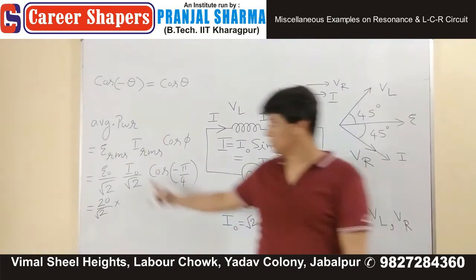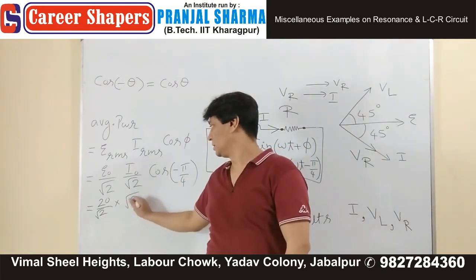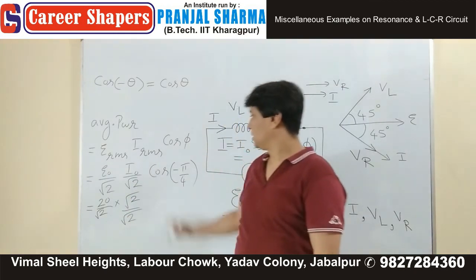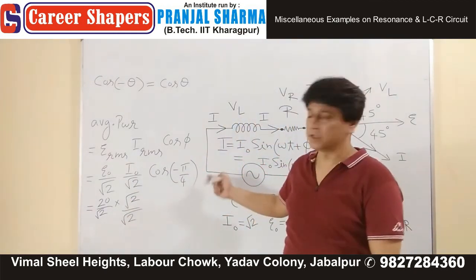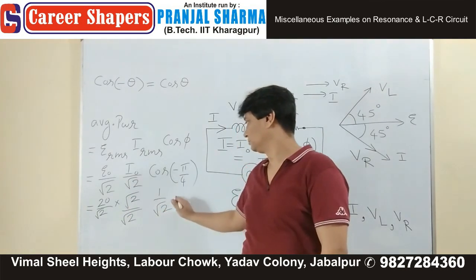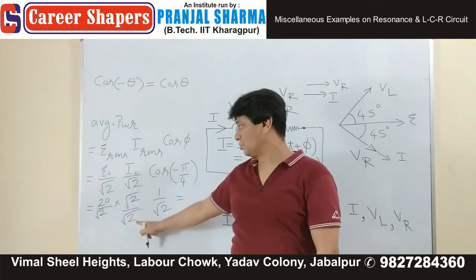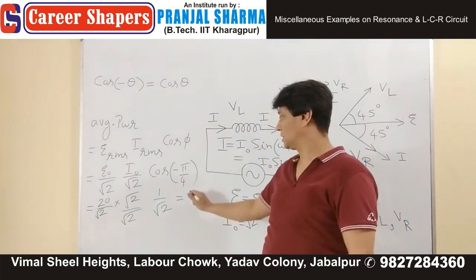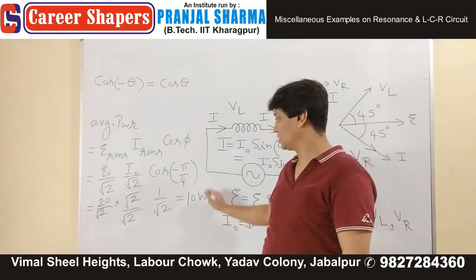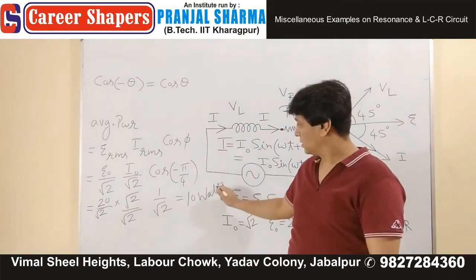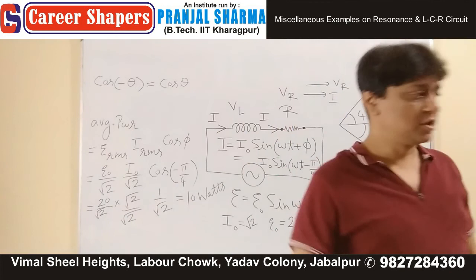I naught is root 2 divided by root 2. Cos of 45 degrees is what? 1 by root 2. Root 2 cancels, root 2, 20 upon 2 is what? 10 watts. That's your average power consumption.